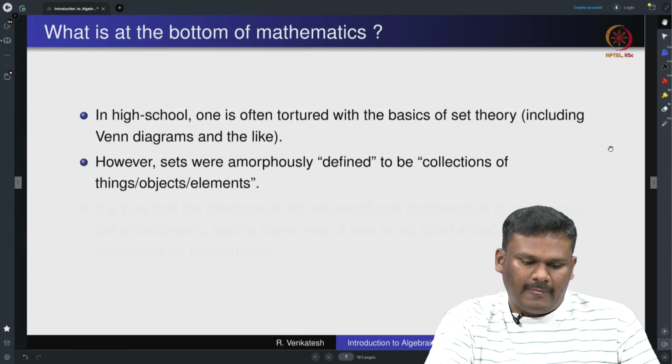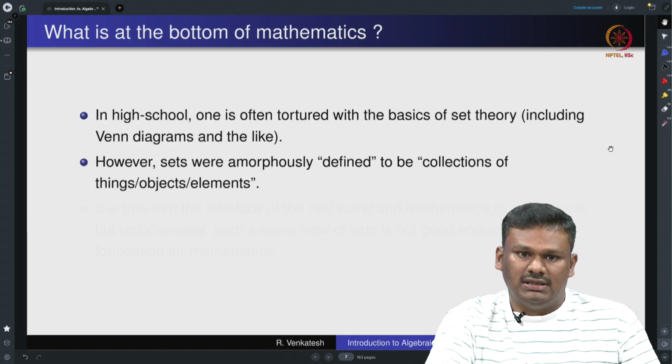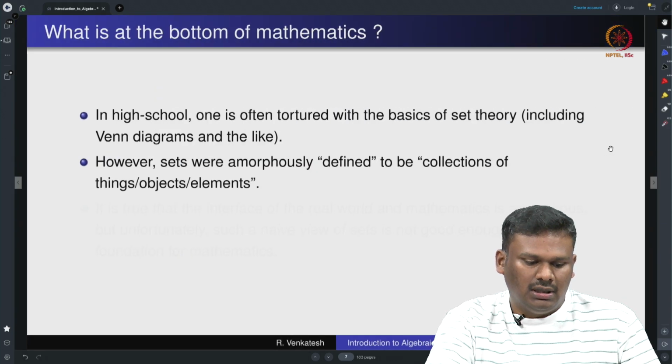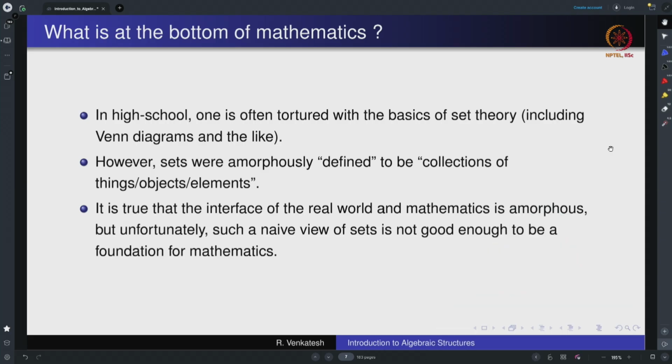Sets were amorphously defined to be collections of things, objects or elements. It is true that the interface of the real world and mathematics is not amorphous, but unfortunately such a naive view of sets is not good enough to be a foundation for mathematics.